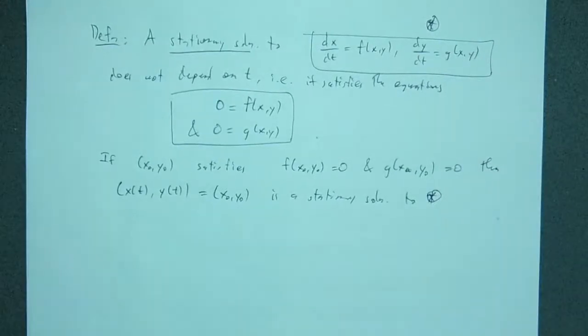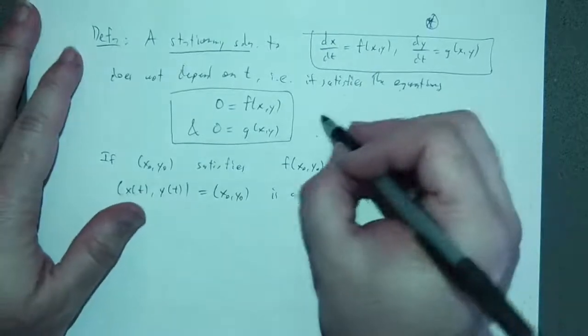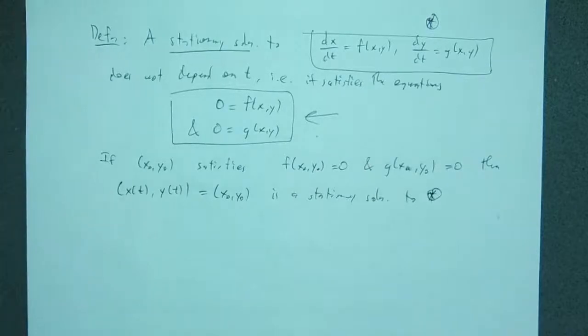Okay. So this goes in both ways. And so what that means is that I can find stationary solutions by just solving this. Okay, so solving this yields stationary solutions.